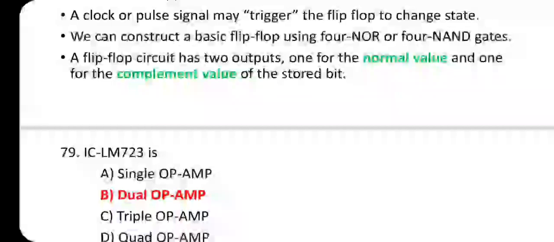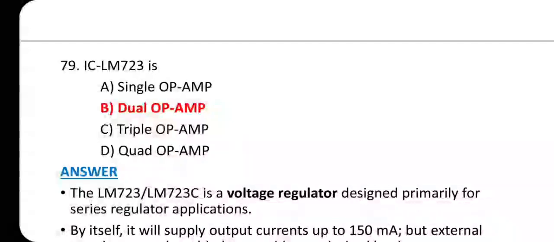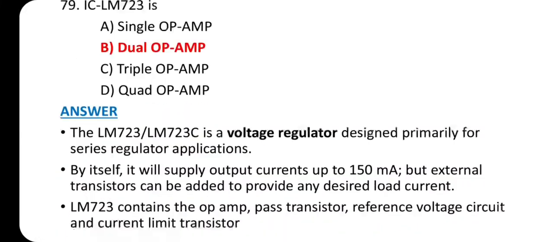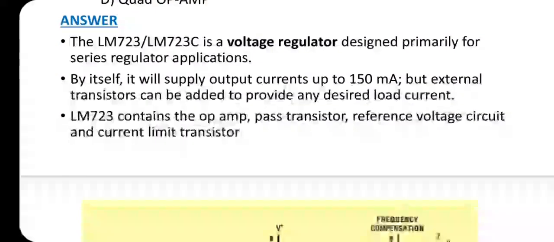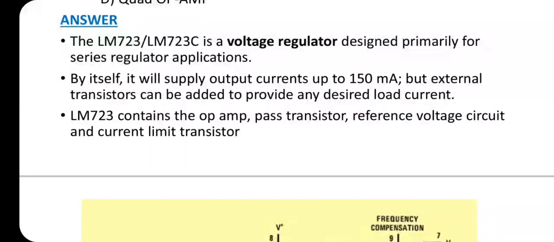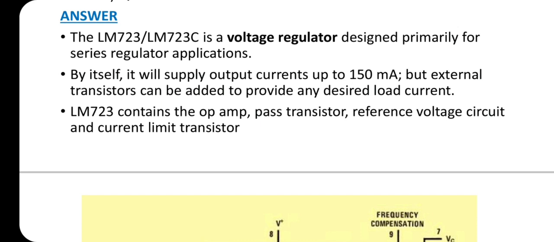Question number 79. IC LM723 is a dual op-amp is the correct answer. That is option B. LM723 or LM723C is a voltage regulator designed primarily for series regulator applications. By itself, it will supply output currents up to 150 milliampere, but external transistors can be added to provide any desired load current.